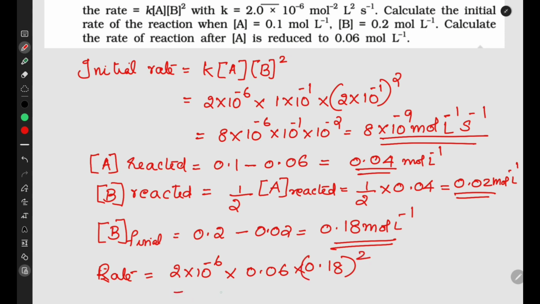So when we simplify this, we will get 3.89 into 10 raised to minus 9 mole liter raised to minus 1 second raised to minus 1.